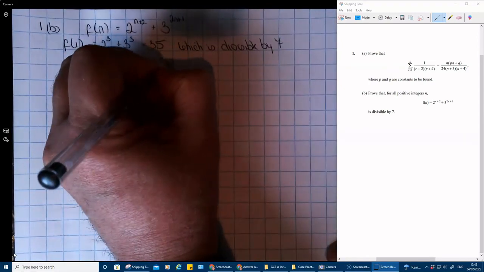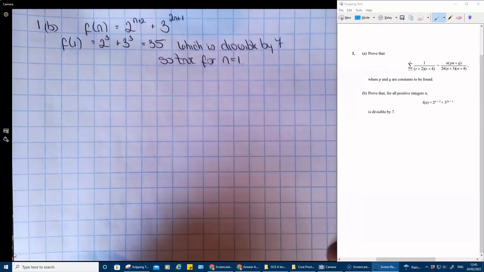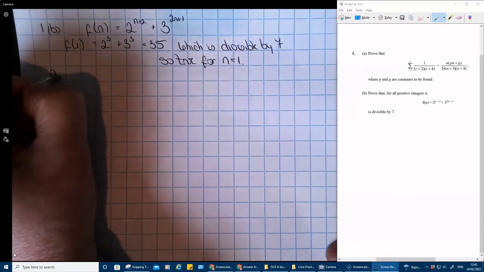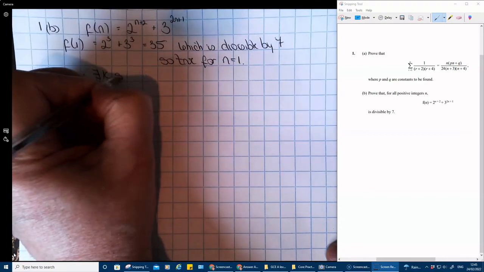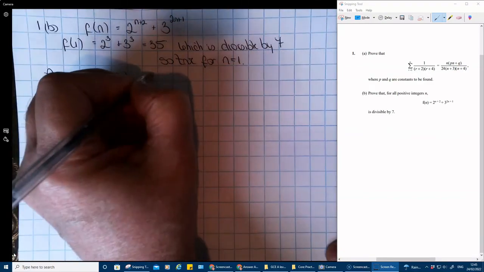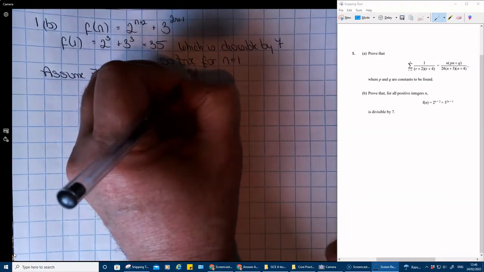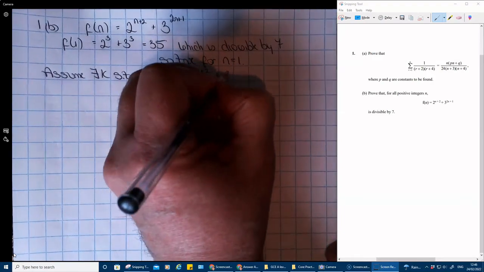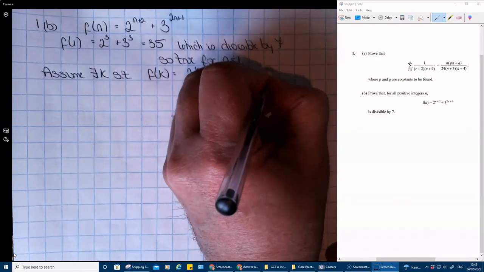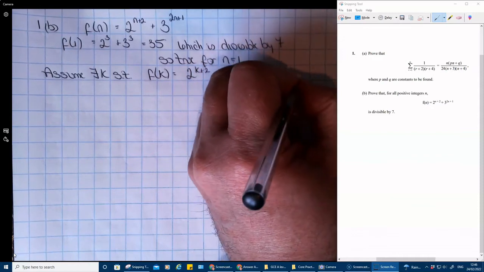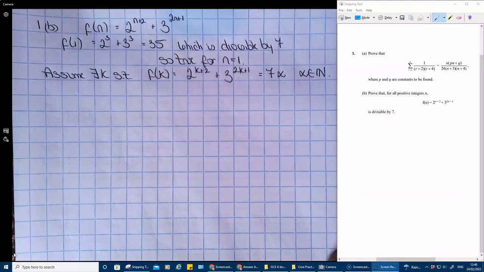Okay, so true for n equals 1. Right, so we assume there exists a k such that f of k equals 2 to the k plus 2, plus 3 to the 2k plus 1, is divisible by 7, equals 7 alpha, and alpha is a member of the natural numbers.